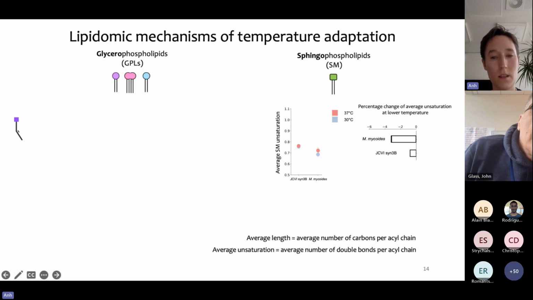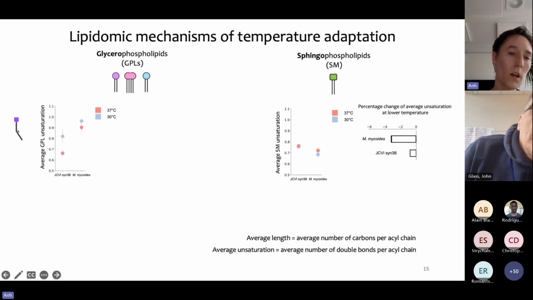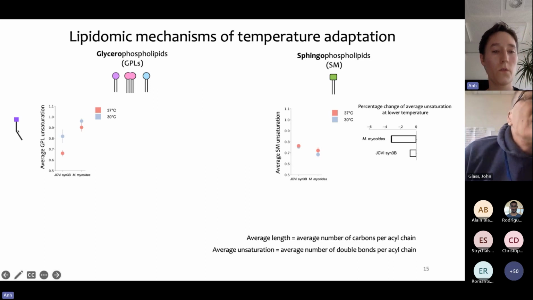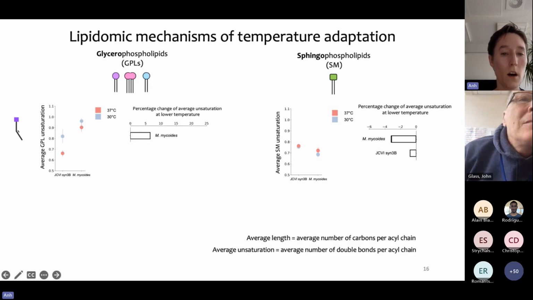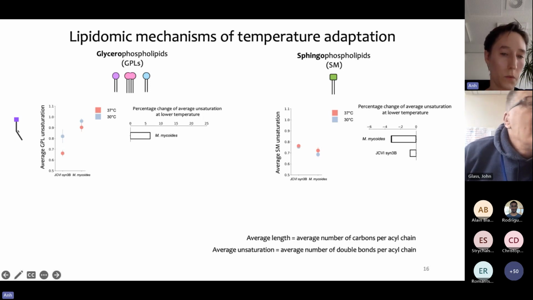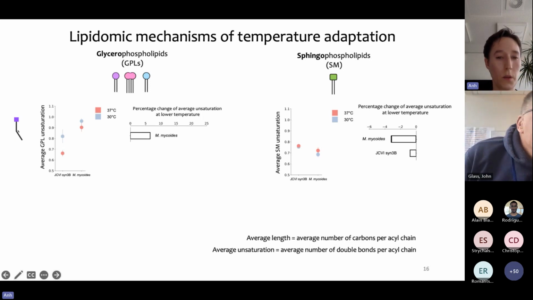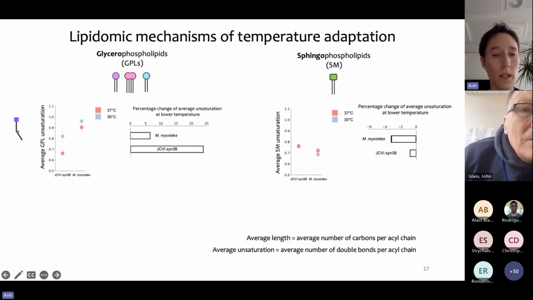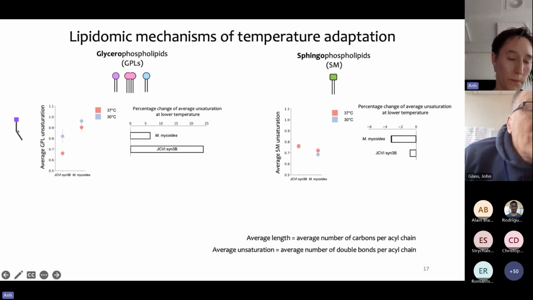If we consider the same comparison of unsaturation in the minimal cell and Mycoides for glycerophospholipids, the picture is the opposite. Mycoides still does adapt its glycerophospholipid unsaturation by somewhat 5% at lower temperature, but for Syn3B, this number is much, much larger.